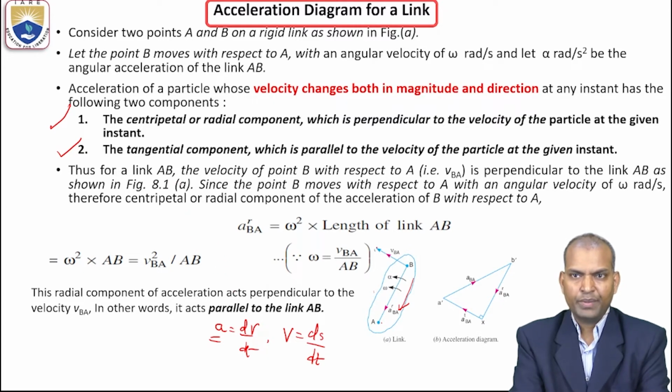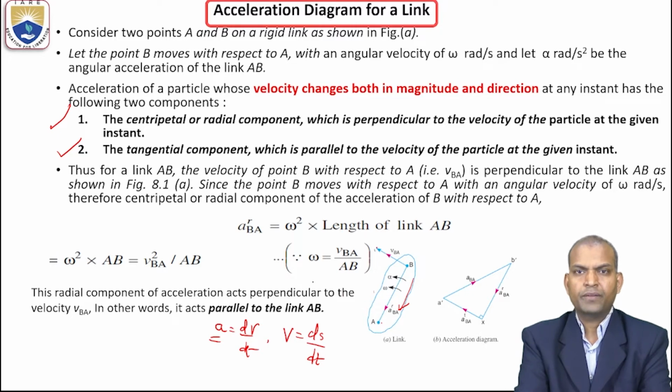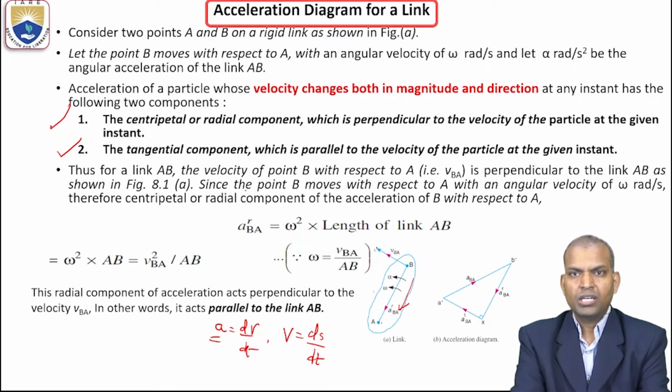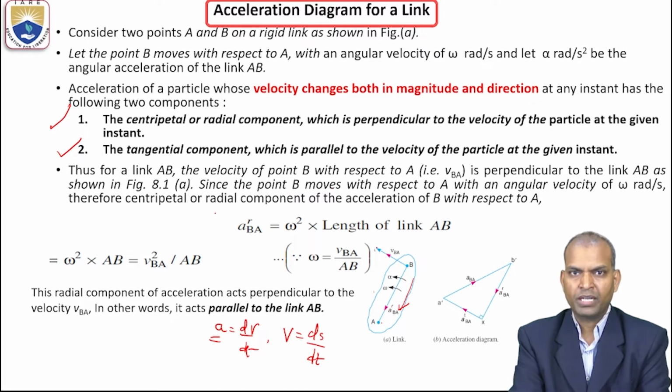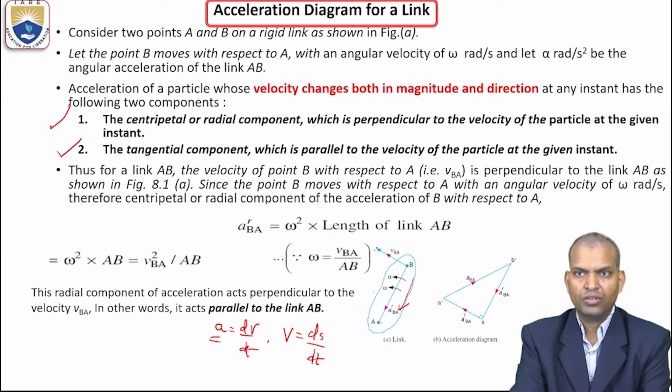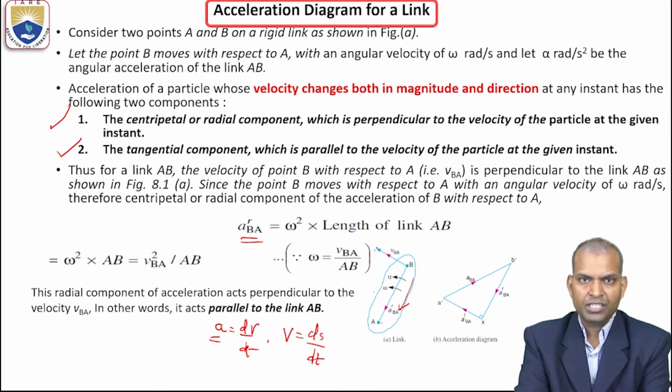For a link AB, considering this figure, the velocity of point B with respect to A, that is VBA, is perpendicular to the link AB as shown. Since the point B moves with respect to A with an angular velocity omega radians per second, the centripetal or radial component of the acceleration of B with respect to A, that is ARBA, is omega square times the length AB.